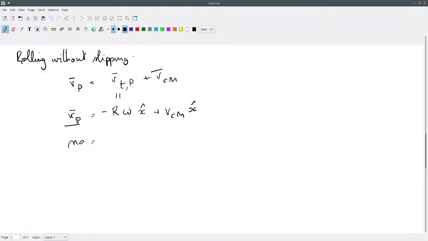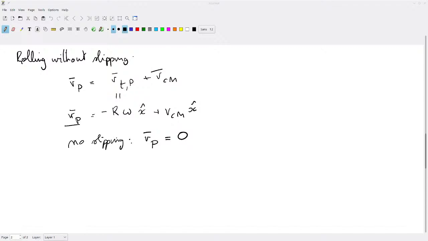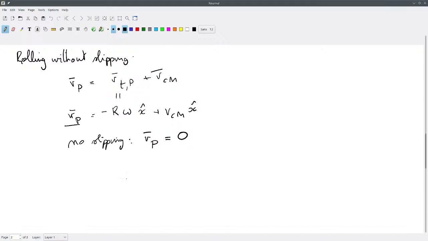No slipping will now mean that Vp is equal to 0. So if there's no slipping, then minus r omega plus Vcm in the x direction will be equal to 0.